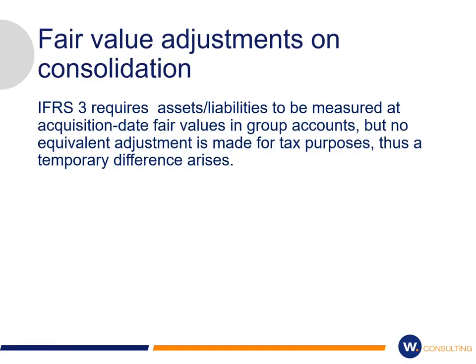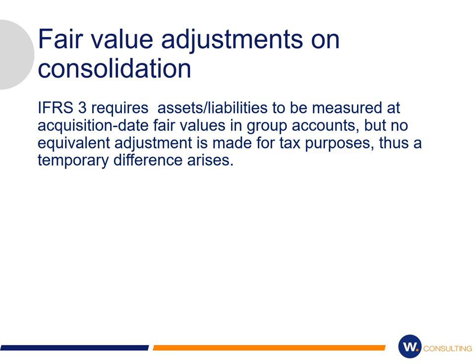Still on fair value adjustments on consolidation. IFRS 3 requires assets and liabilities to be measured at acquisition date fair values in group accounts, but no equivalent adjustment is made for tax purposes, and therefore a tax temporary difference arises. I already touched on this earlier. Remember IFRS 3, when you acquire an entity in a business combination, you need to apply the purchase price allocation.